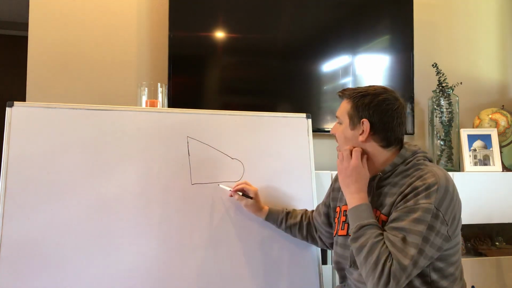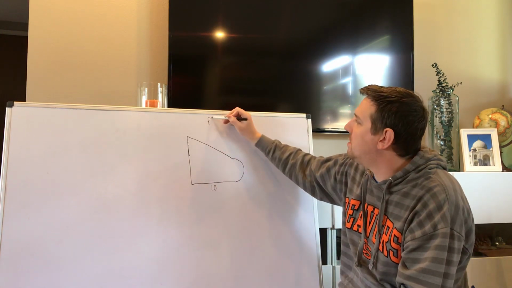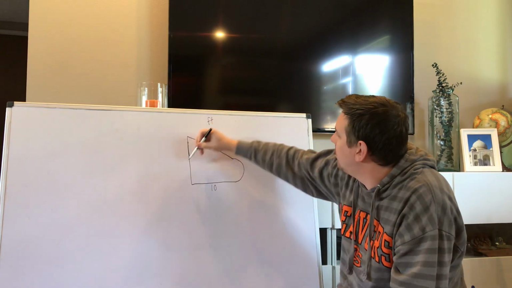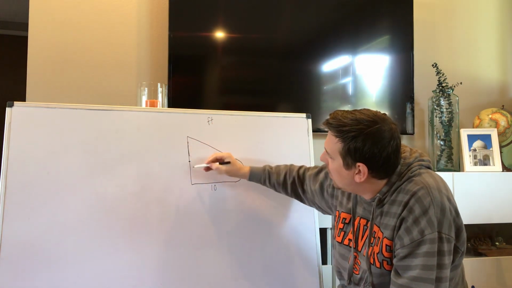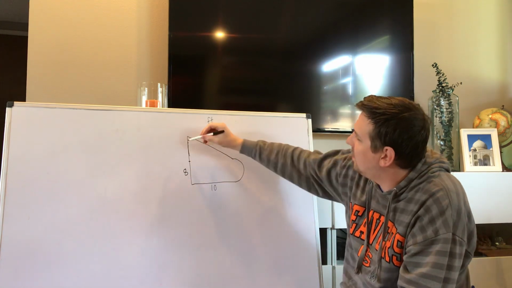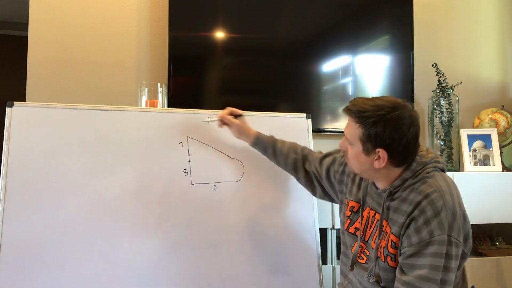All right, and let's say this is 10, and these will all be feet. So I'm not going to write feet on everything, just that's going to be 10 feet. This right here is going to be 8 feet, and this right here is going to be 7 feet.